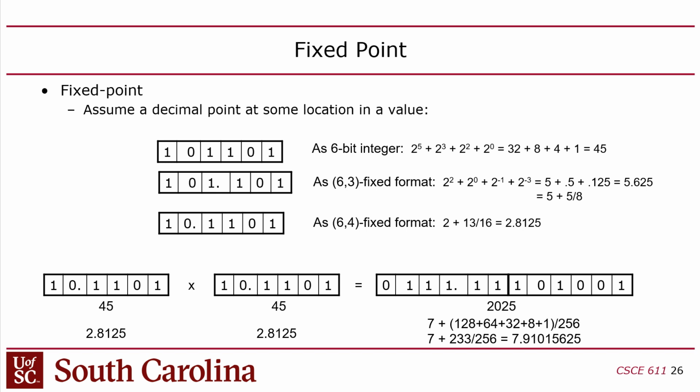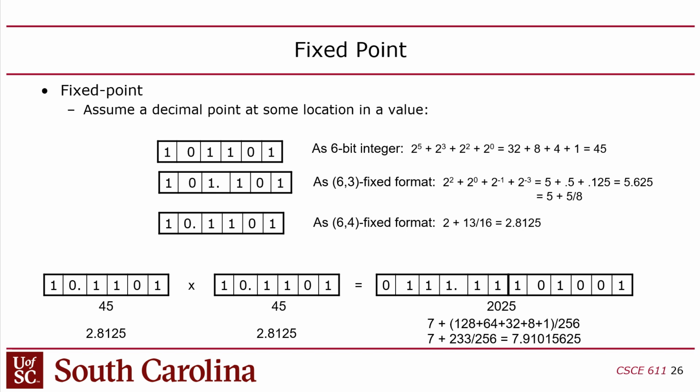For an n-bit number, and in the case of RISC-V, n is going to be 32 generally, because that's our word size, you will assume that the rightmost F bits are fractional bits, meaning that they appear to the right of the decimal point, or technically the radix point, since we're talking about binary numbers, not decimal numbers. But I'll say decimal point because that's the term everyone's familiar with.